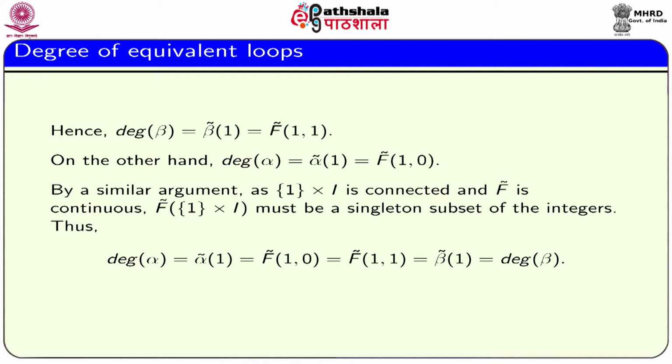Thus, degree alpha, which is alpha tilde 1, has the value f tilde (1, 0), which shares the same value with f tilde (1, 1), which is equal to beta tilde 1, that is the degree of beta.